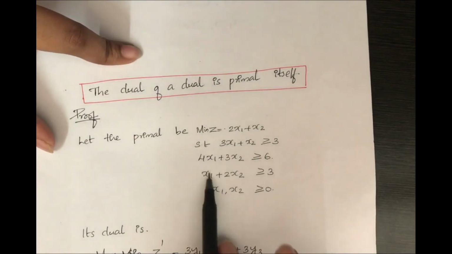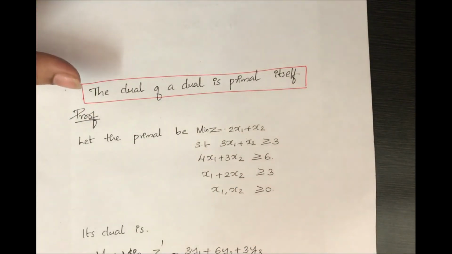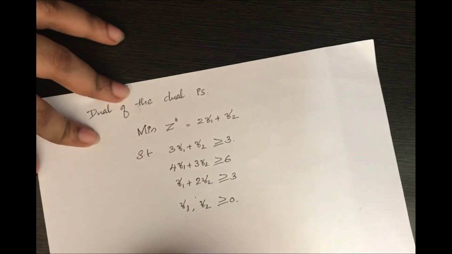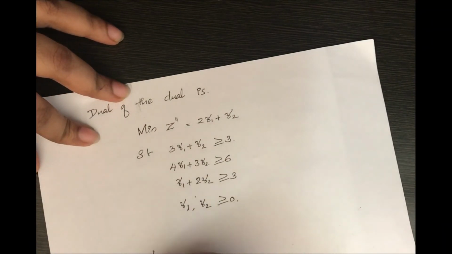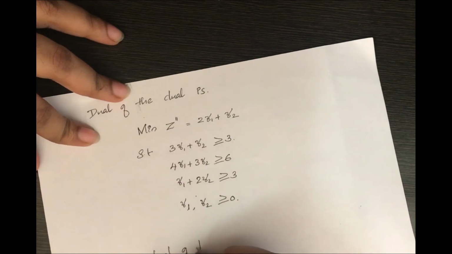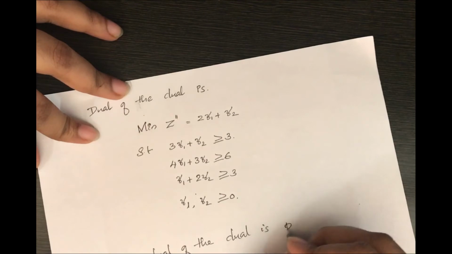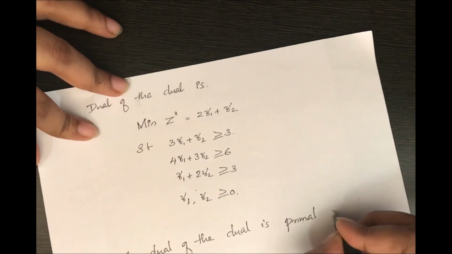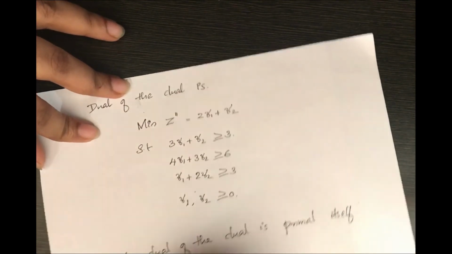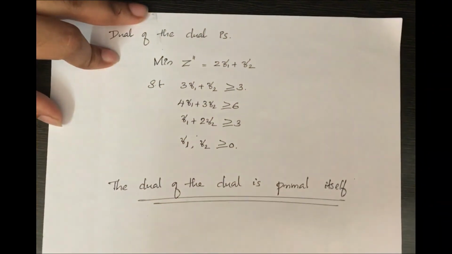All the constants and coefficients are the same. So we can write that the dual of the dual is the primal itself, hence proved.